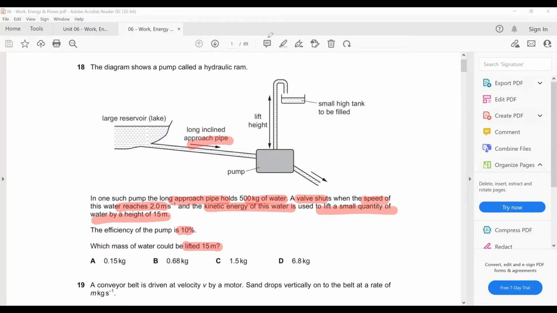So what's happening here is that basically your water is trying to move this way. Now your pump here has something called a valve. If your valve is open, the water that is flowing will just flow like this and go out. This is if the valve is open inside the pump.